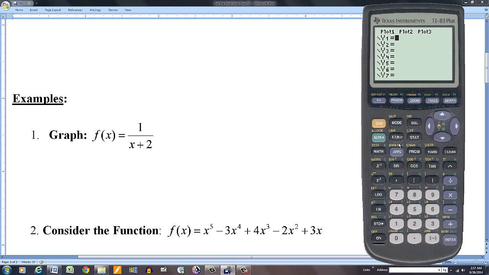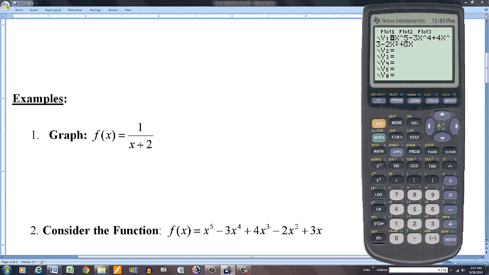Okay, so this will be x to the 5th minus 3x to the 4th plus 4x to the 3rd minus 2x squared plus 3x.